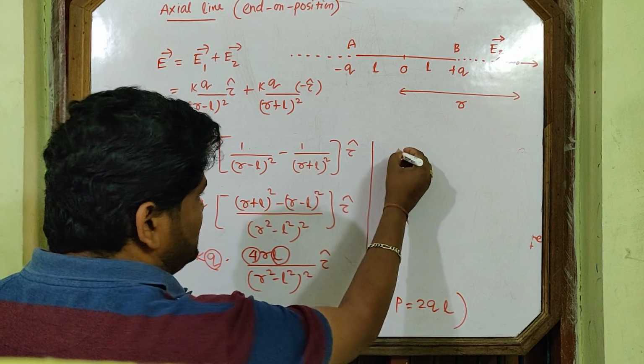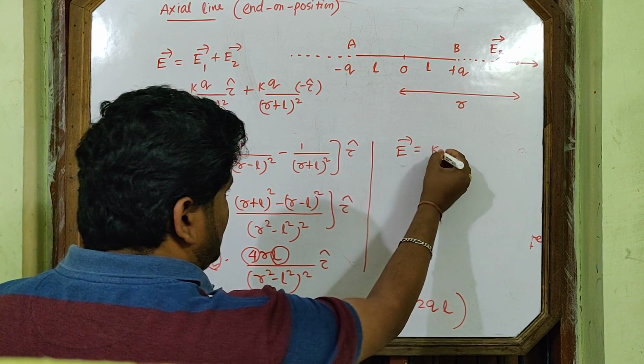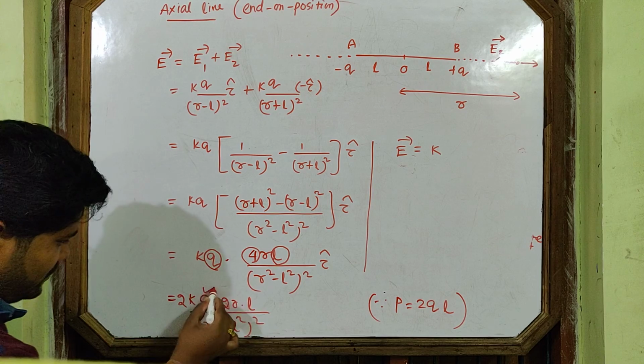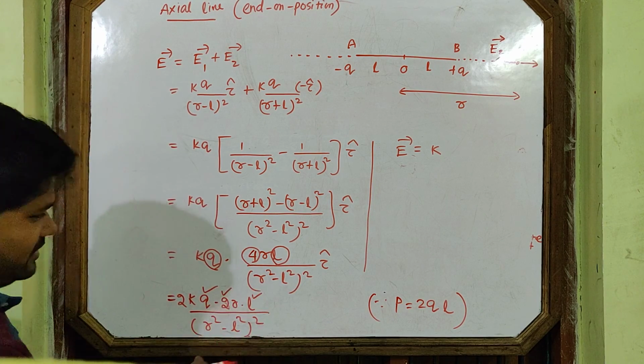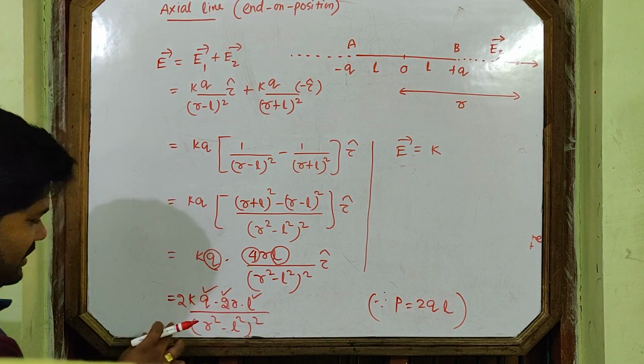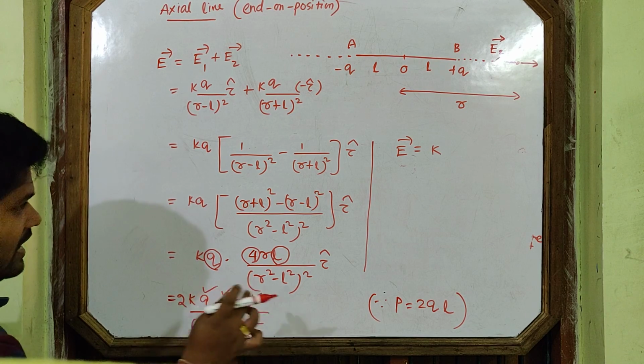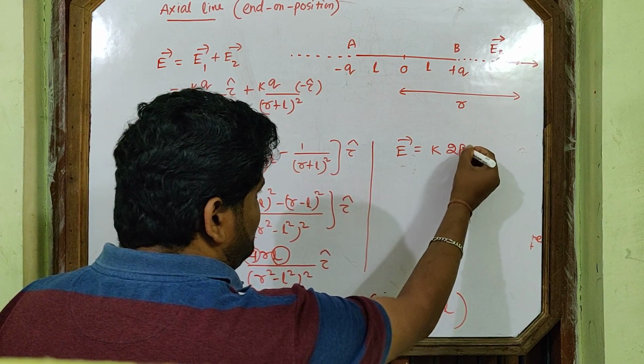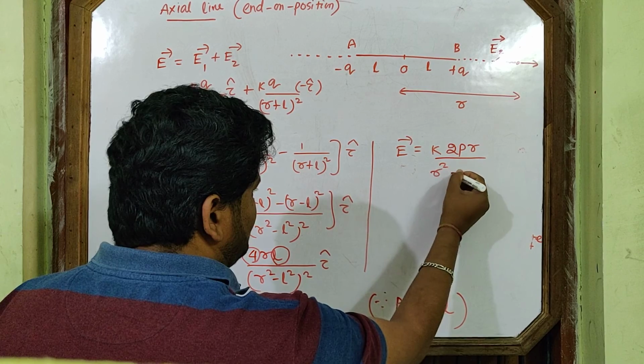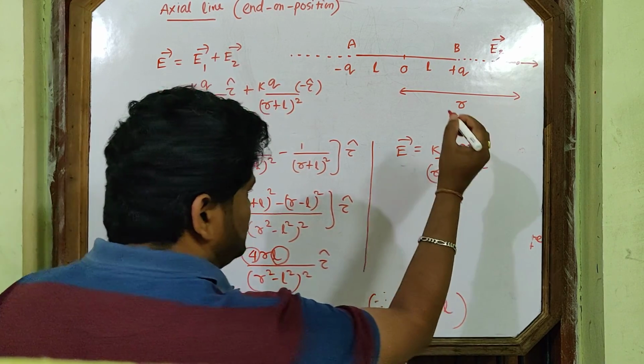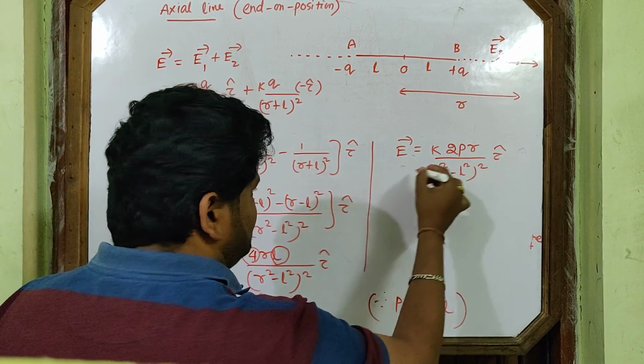So what is the intensity now here? K, Q and 2 and L. 2QL becomes P. So what remains? K, 2, P, R over R square minus L square whole square. So this is I cap.